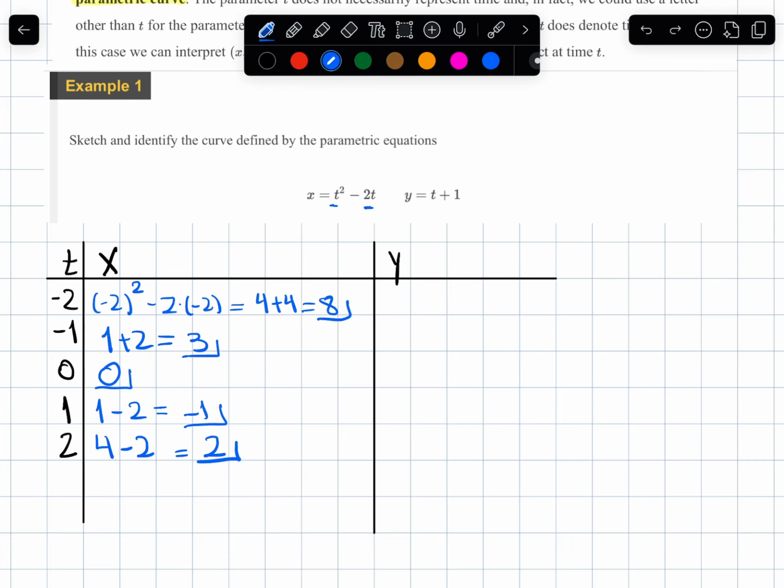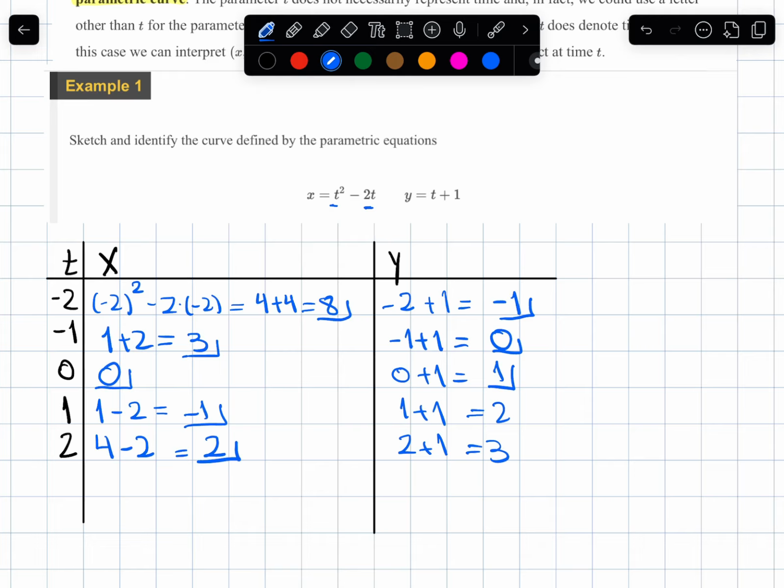When t equals -2, y equals -2 plus 1, which is -1. When t is -1, y is -1 plus 1, which is 0. Then 0 plus 1 gives me 1, 1 plus 1 gives me 2, and 2 plus 1 gives me 3. So y is just going to progress one step ahead of t.